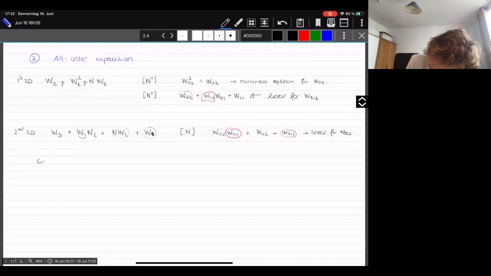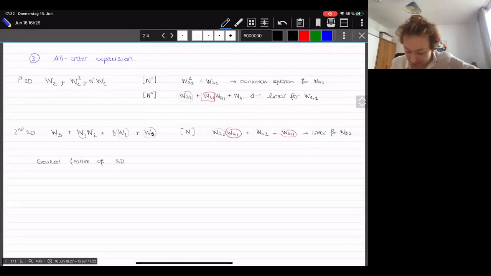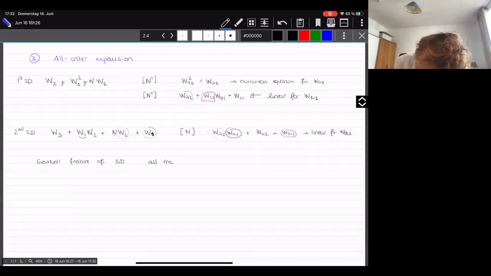So it's a general feature of loop equations, which is the reason why we can conduct this large n analysis, that although the equation for W01 is nonlinear, all the other equations form a triangular system.